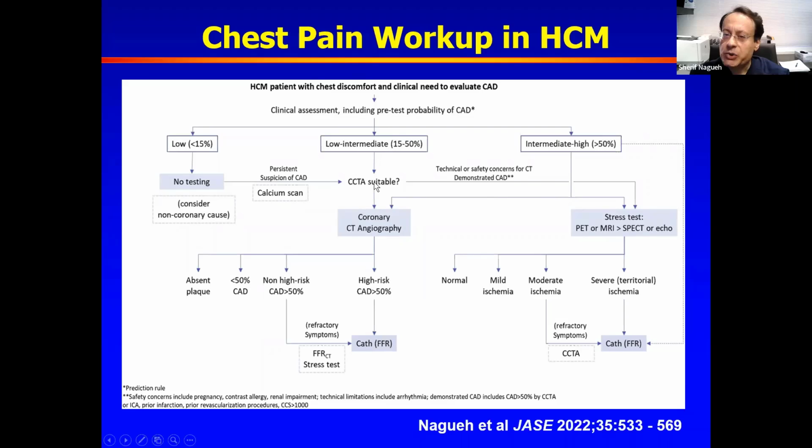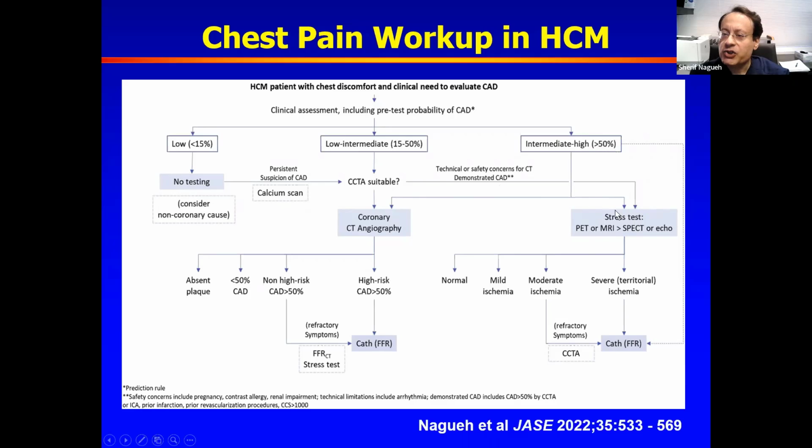Sometimes you have a patient who is not a good candidate for CTA. For example, a patient with arrhythmias, end-stage renal disease, or known CAD, as well as those with a higher risk, more than 50%.